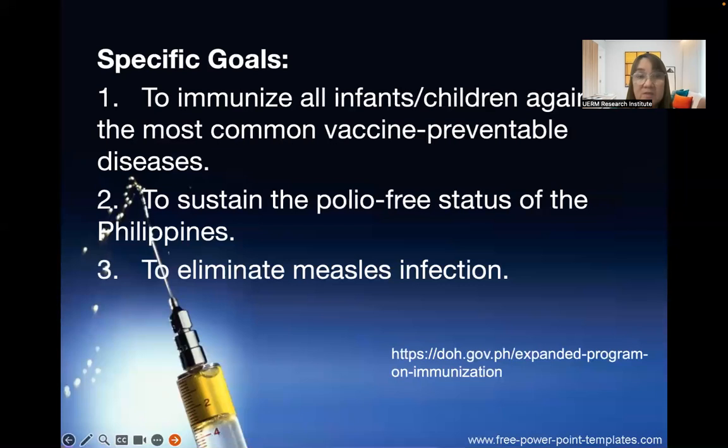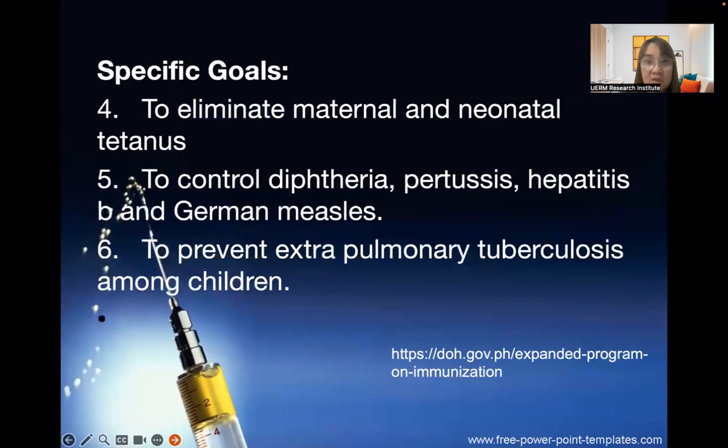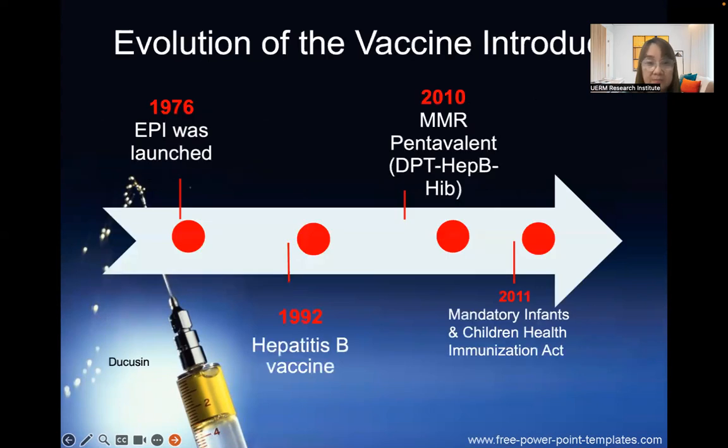These are their specific goals: to immunize all infants or children against the most common preventable diseases, to sustain the polio-free status of the Philippines, to eliminate measles infection, to eliminate maternal and neonatal tetanus, to control diphtheria, pertussis, hepatitis B, and German measles, to prevent extrapulmonary tuberculosis among children.